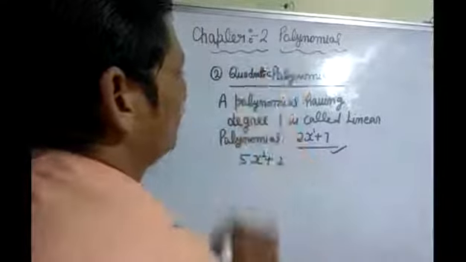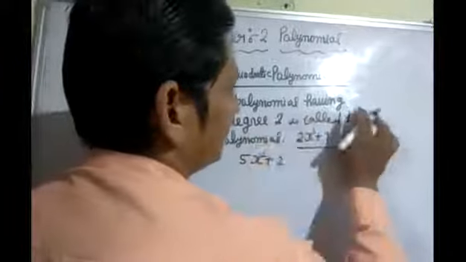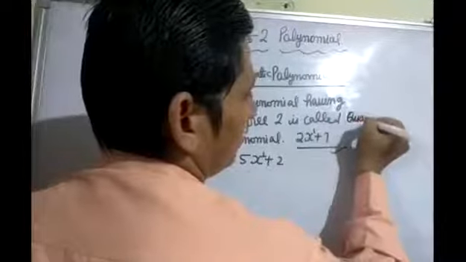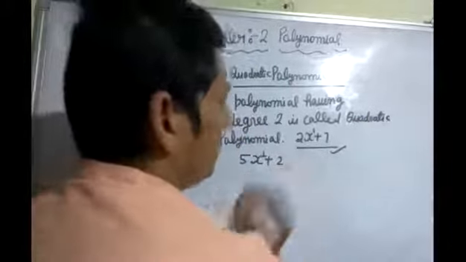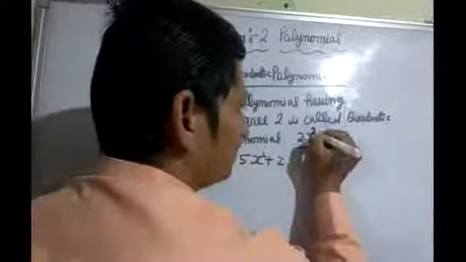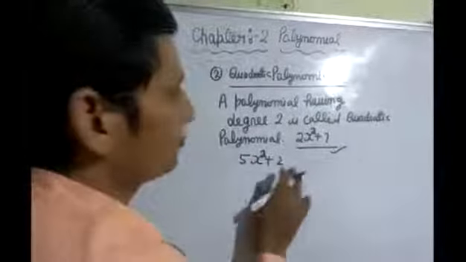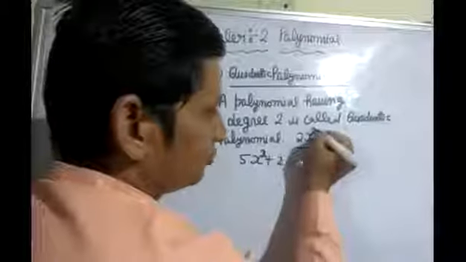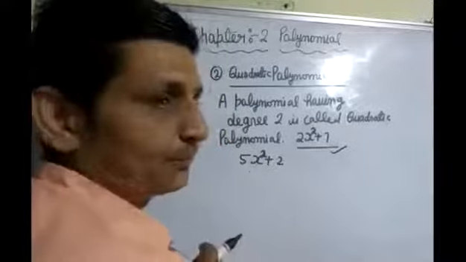For example, 2x² + 7 and 5x² + 2 are quadratic polynomials because here power of x is 2, which means degree of x is 2.